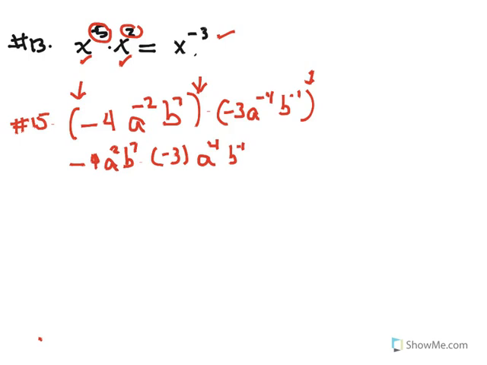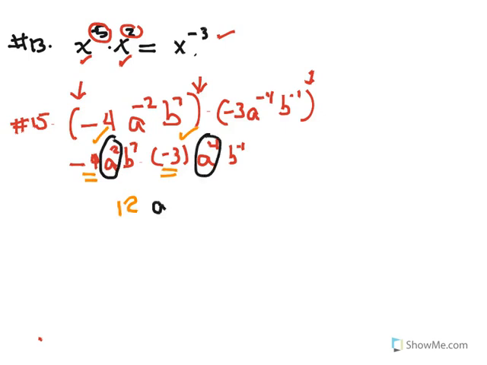Okay? So let's pay attention here. We have negative 4 and negative 3. Remember that these two numbers are coefficients. Negative 4 times negative 3 gives me a positive 12. Now I have a to the second and a to the 4.